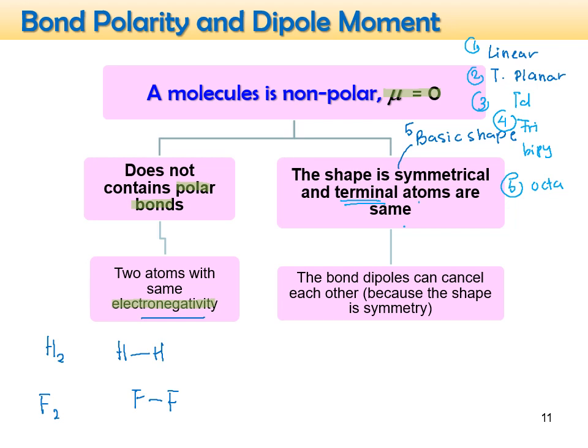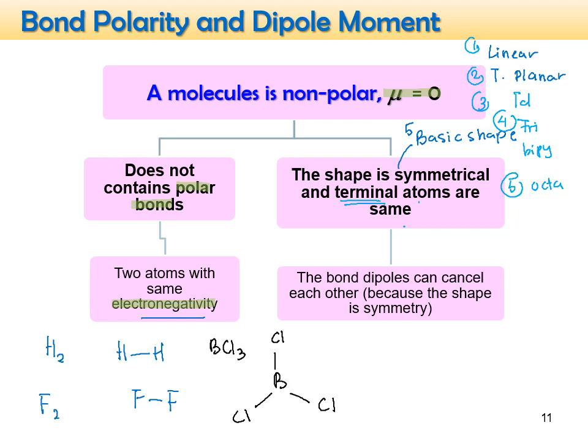So let's have a look at few example. Okay, so kita tengok contoh BCl3. So first thing first, you need to be able to write the correct Lewis structure and determine the shape. So BCl3, I will just draw the correct shape. Okay, so B is incomplete octet. So this is your structure and the shape is trigonal planar.